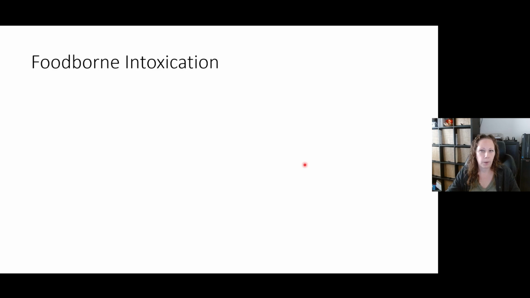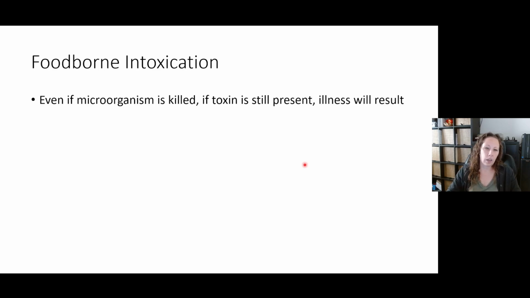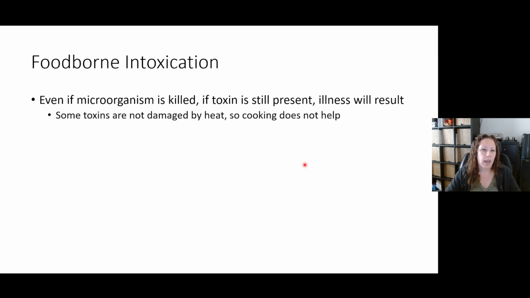Okay, so foodborne intoxication first. Because it's the toxin that makes you sick, the key thing to know about foodborne intoxication is that even if that microorganism is killed, if you haven't gotten rid of that toxin, you will still get sick. And some of these toxins that we'll go through are not damaged by heat, so cooking doesn't help.